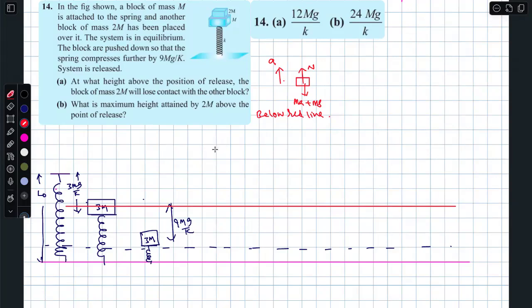Above the equilibrium position, it may have a downward acceleration. There might be some pseudo force ma like this and weight mg like this. Normal reaction zero is possible when a is equal to g.